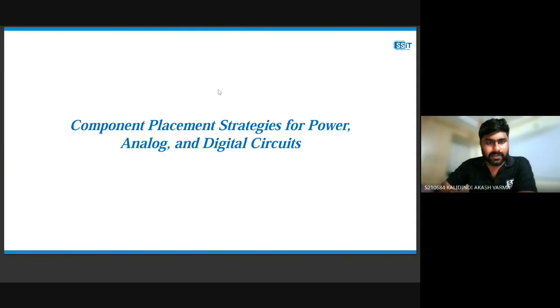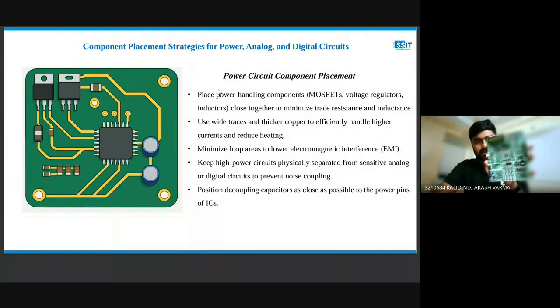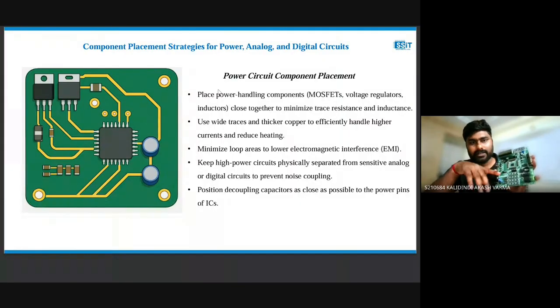As I already told, there are three major segments: the power segment, analog circuits, and digital circuits. First, we will focus on how we should take care of the power segment. Is the PCB visible for you guys? In this particular PCB, there are power circuit, analog circuit, and digital circuit.